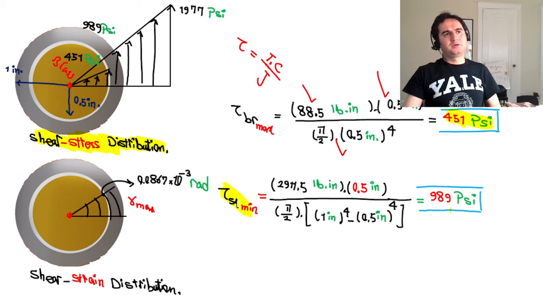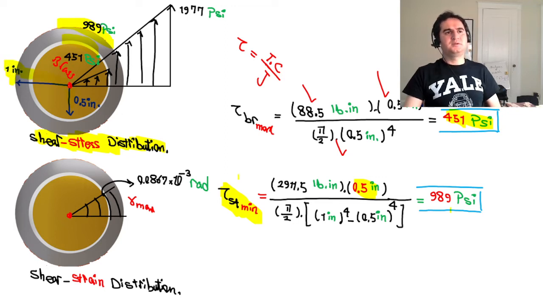Likewise, for steel, we need two shear stresses. One is the minimum, which goes by the inner radius of the steel, and one is the maximum, which goes by the outer radius. The inner radius for steel is 0.5 and the outer is 1 inch.